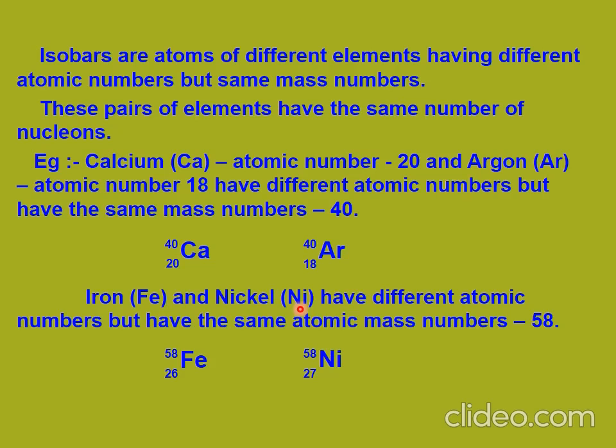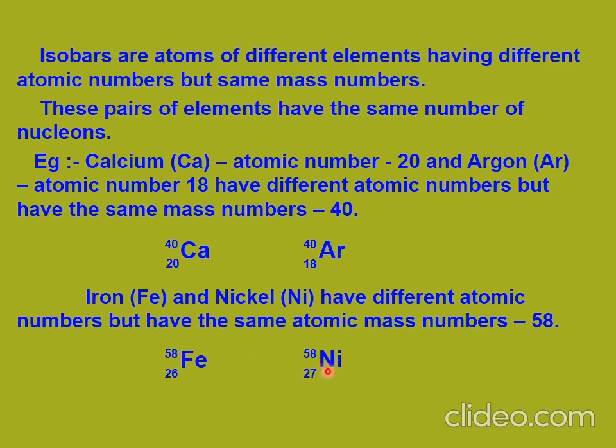Similarly, in this case he is saying iron and nickel. Iron has atomic number 26 and its mass number is 58. On the lower left side it has the atomic number and on the upper left side the mass number.